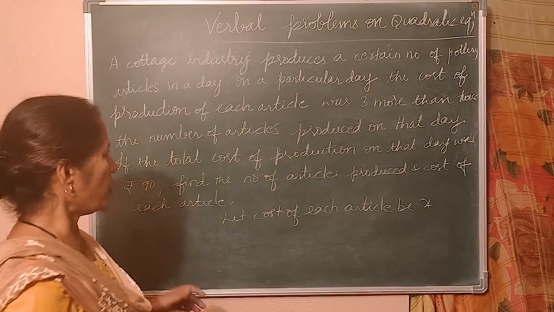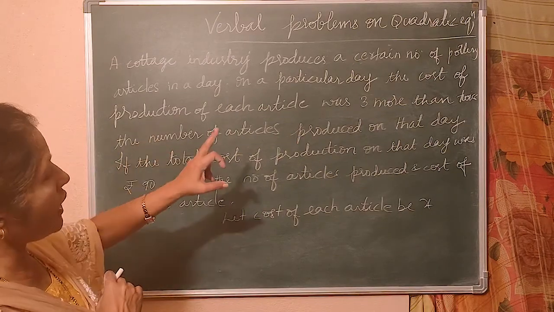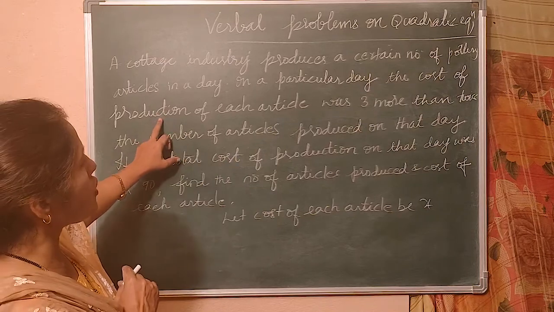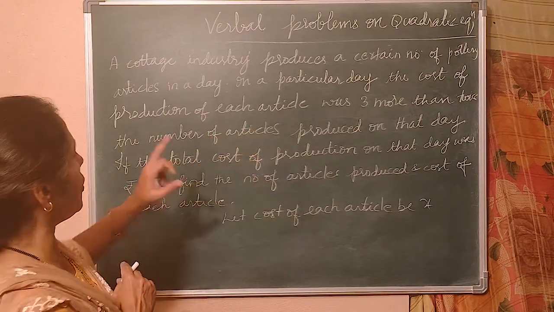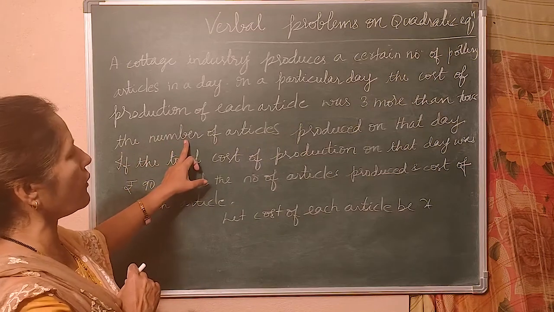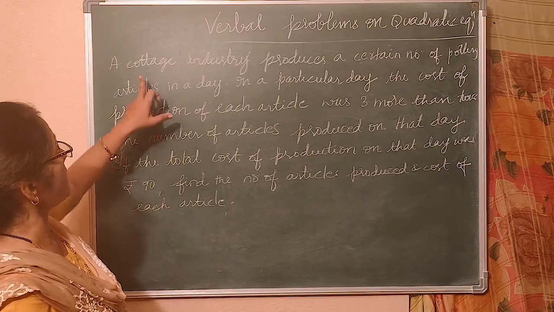Right? So, now what is the given? On a particular day, the cost of production of each article was 3 more than twice the number of articles produced on that day. The question is like this.